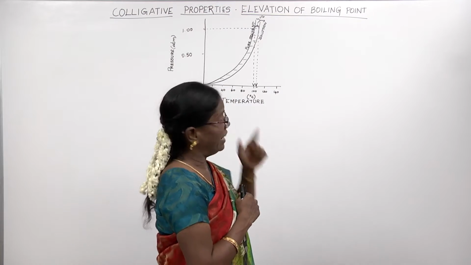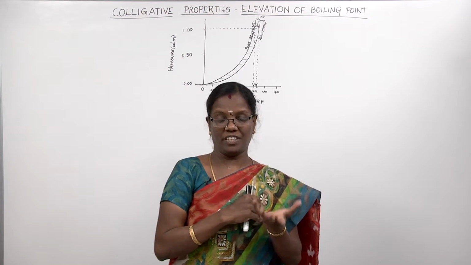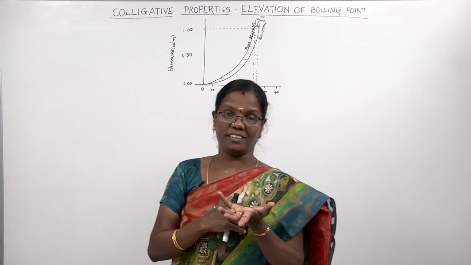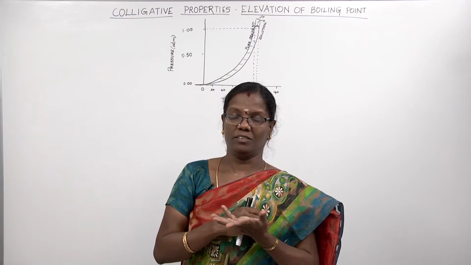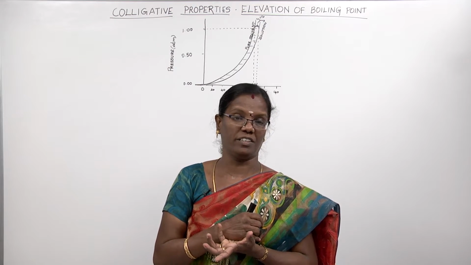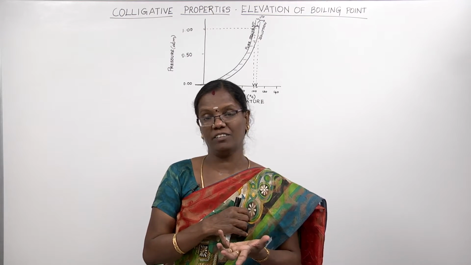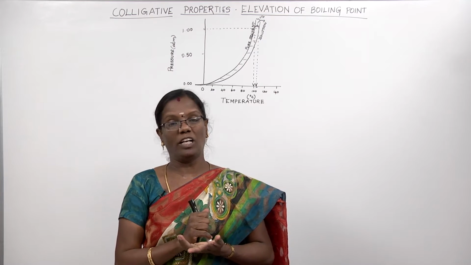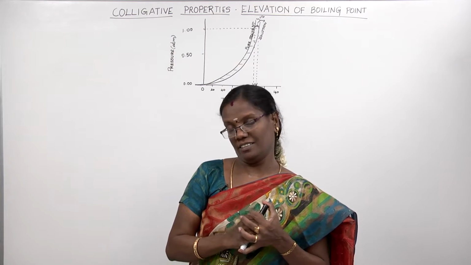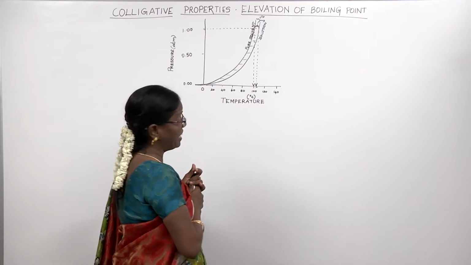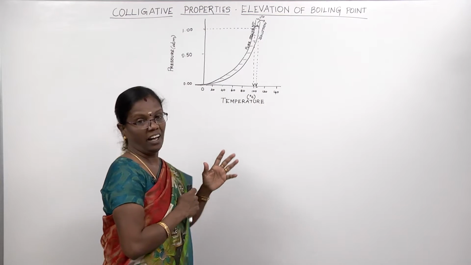In elevation of boiling point, first let us take a simple known solvent. We all know water is a very good solvent, and I believe you all know the boiling point of water. What is the boiling point of water? Yes, it is 100 degrees Celsius.